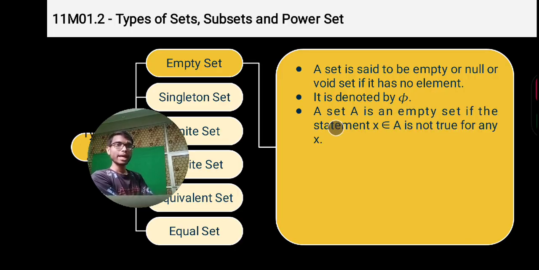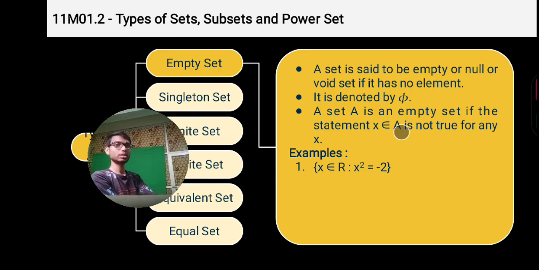Here, a set A is an empty set if the statement x belongs to A is not true for any x. This is in set builder form.